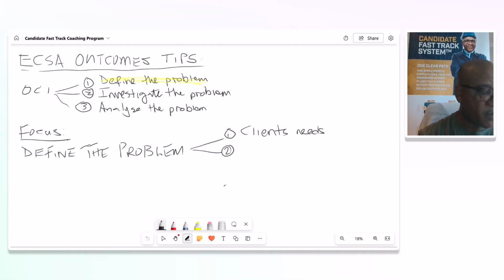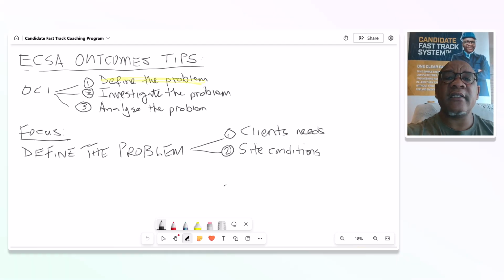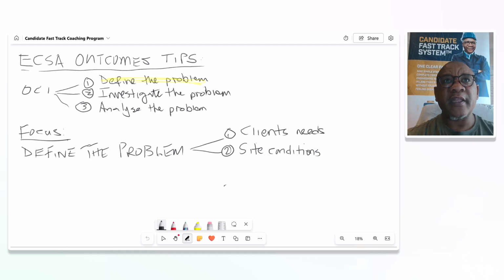Here you need to talk about the site conditions. Understand what it is that the client needs, and then understand also what the site conditions are with respect to the environment where you are working, so that you are able to analyze the problem properly.